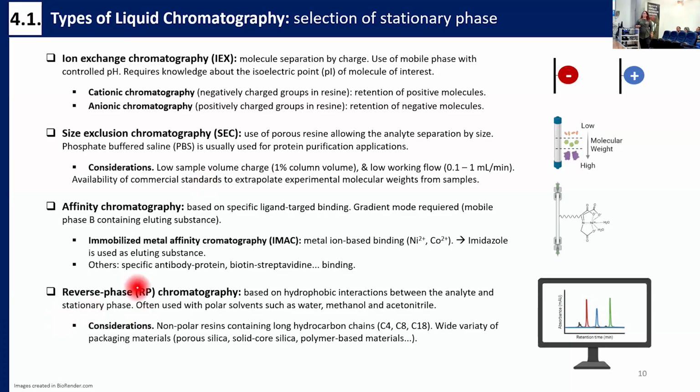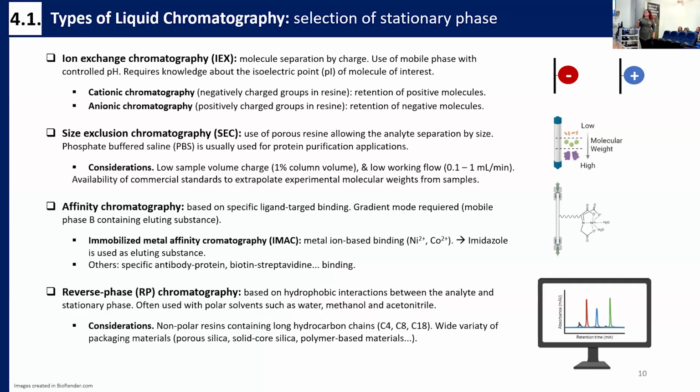Finally, the most used chromatography for quantitative analysis in the industry is reverse phase, which is based on the hydrophobic interactions between the stationary phase and our molecule. Here, the common polar solvents are mobile phases based on water, or other organic solvents like methanol and acetonitrile.